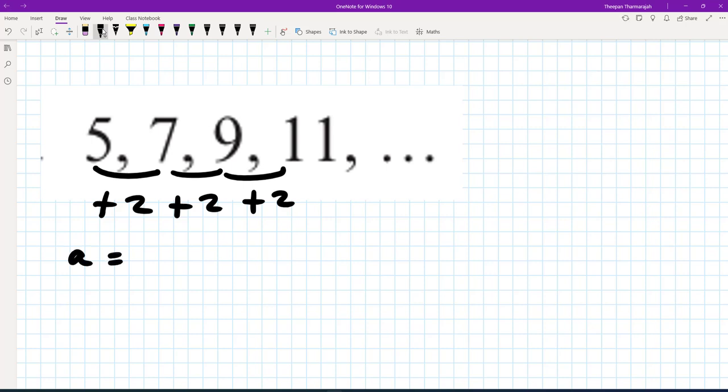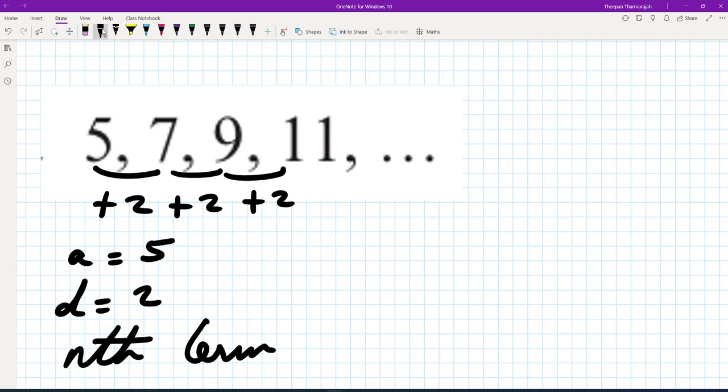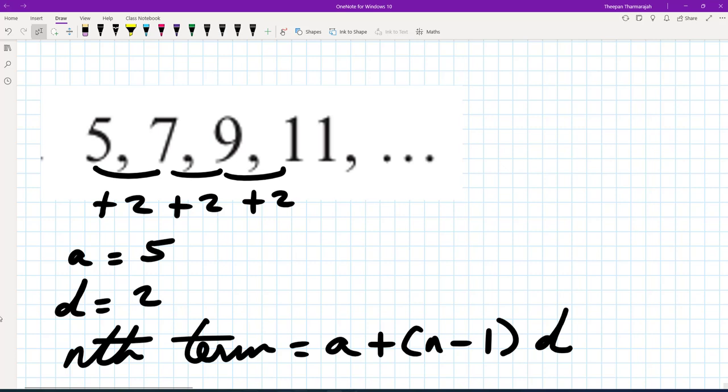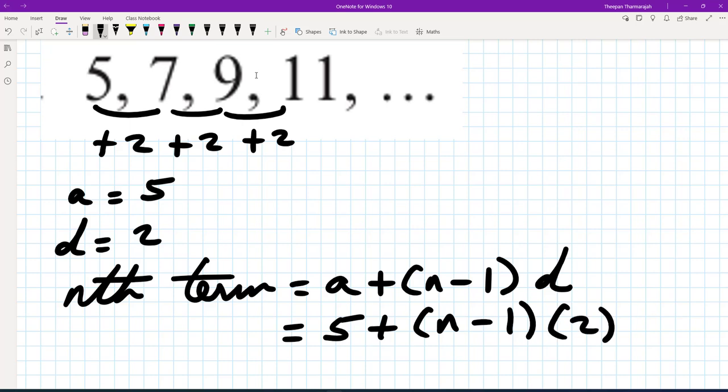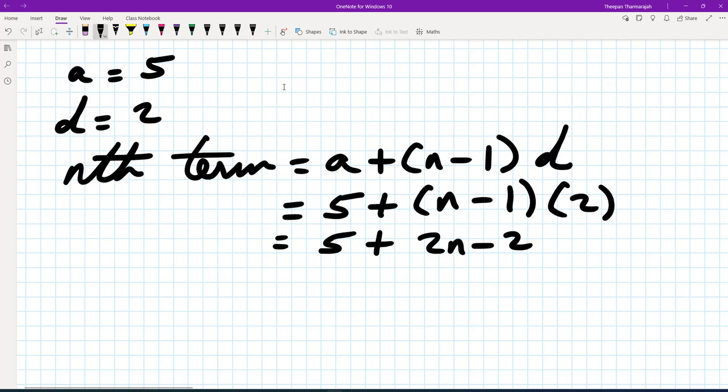A is 5, D is 2, and we write down the formula: A plus n minus 1 D. So we get 5 plus n minus 1 times 2, which gives me 5 plus 2n minus 2, and I simply get 2n plus 3 as my nth term.